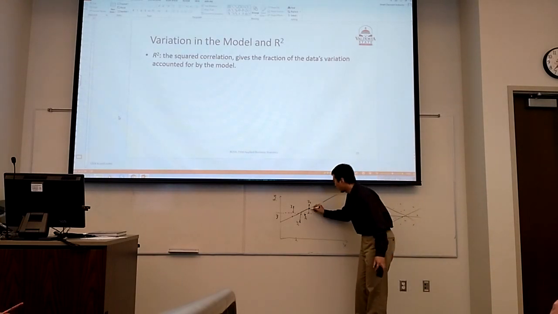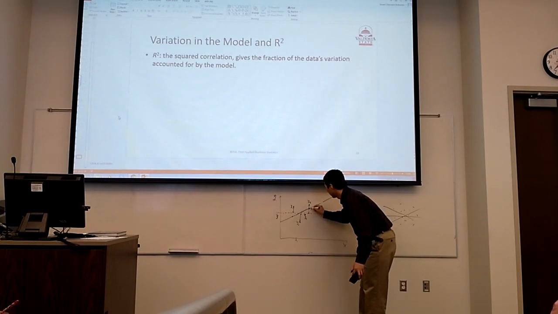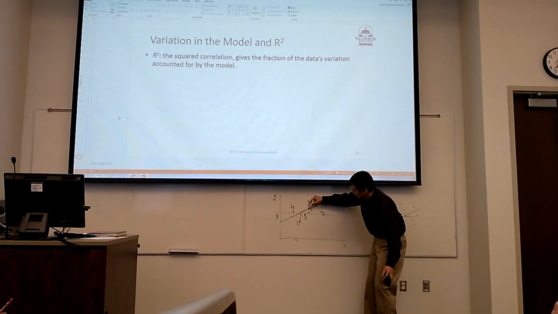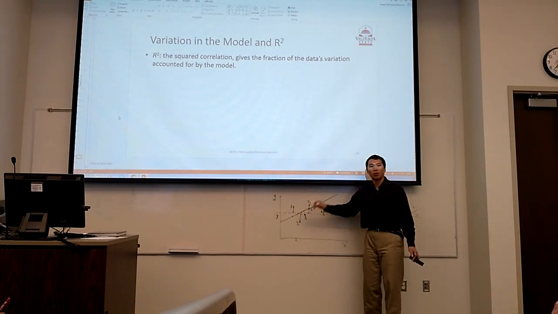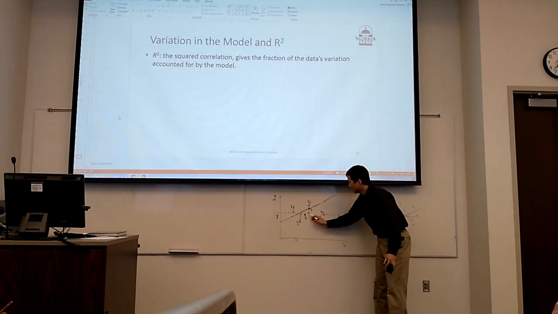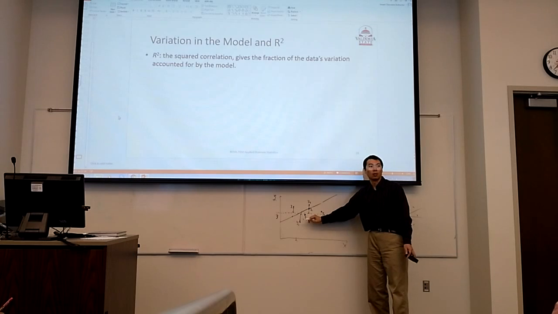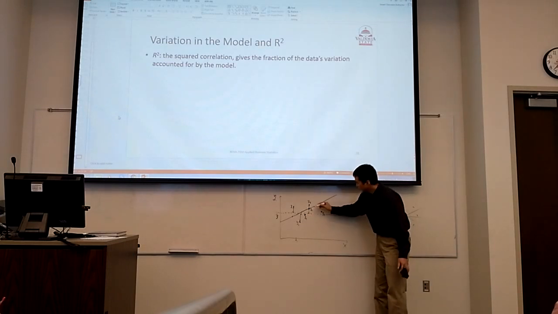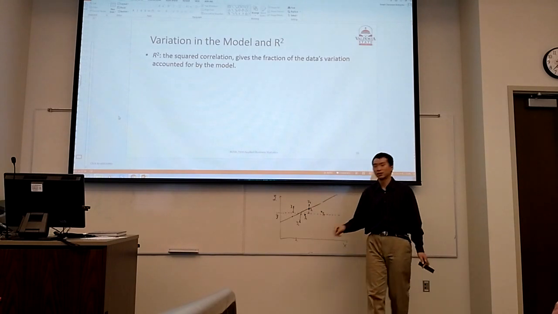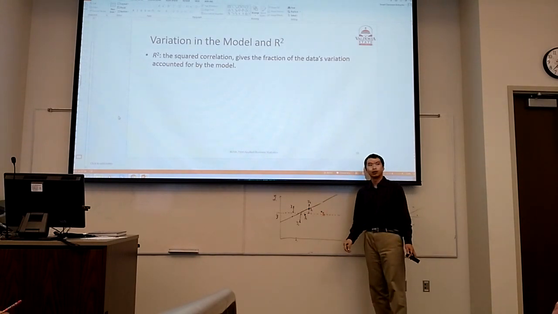And here is our estimated value. This is the y4 hat, on this line. This y4 hat has some difference with y bar, the mean value. So this is the difference between y hat and y bar.